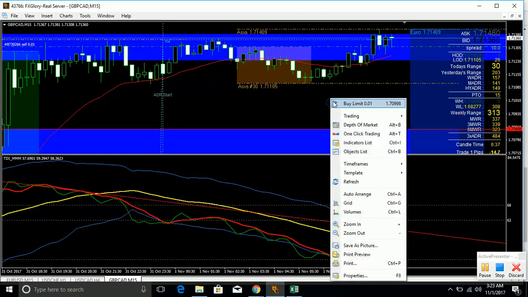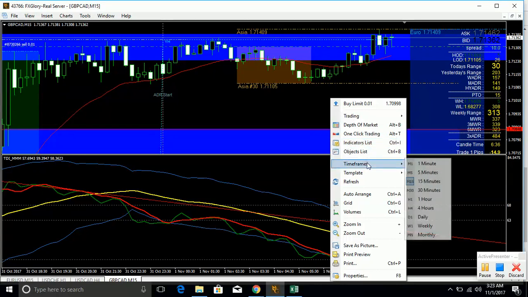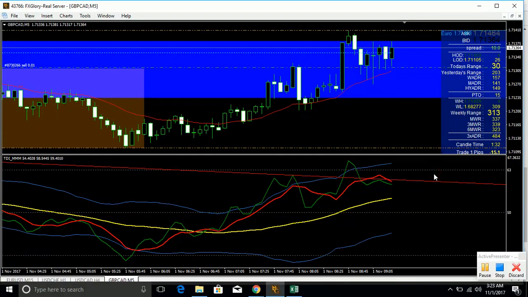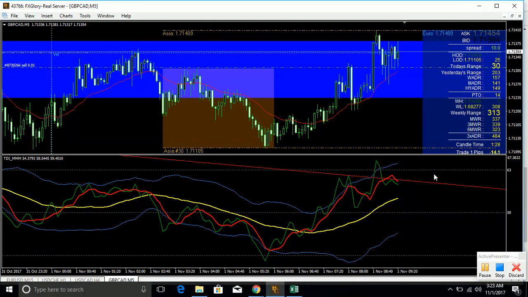Another time frame that I really like to look at is the 5-minute. 5-minute is very useful, especially when you're keying in on the 15-minute time frame. If you're keying in on your entry, the 5-minute and 15-minute time frames are going to be your best friend.